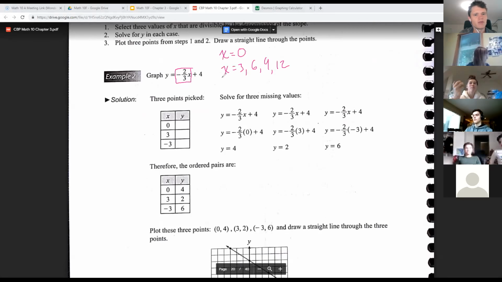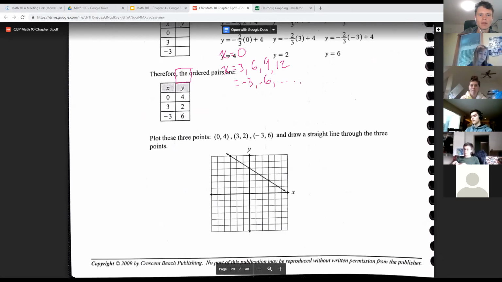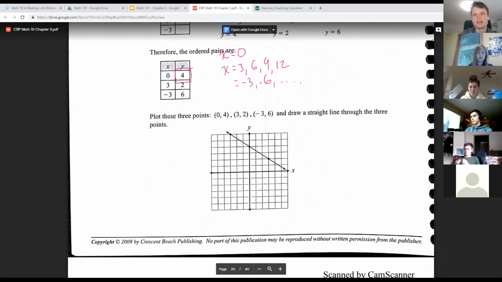Because it's multiples of 3, or -3, -6, etc. Okay, multiples of 3. And finally, of course, they've plotted those points. Here's one, and here's one. They got out the ruler or straight edge or the edge of their phone, which I've seen many students do, and drawn a straight line.